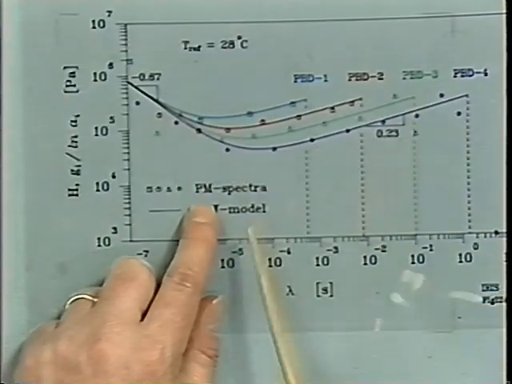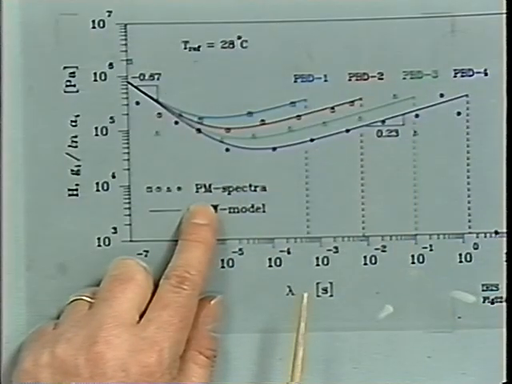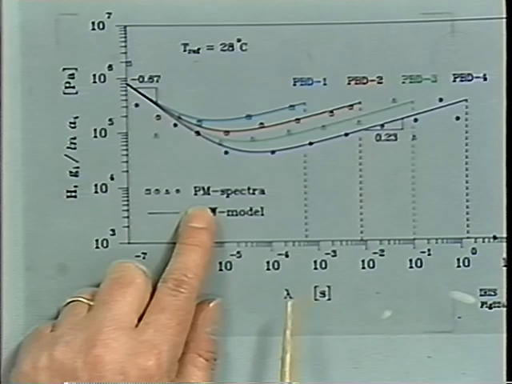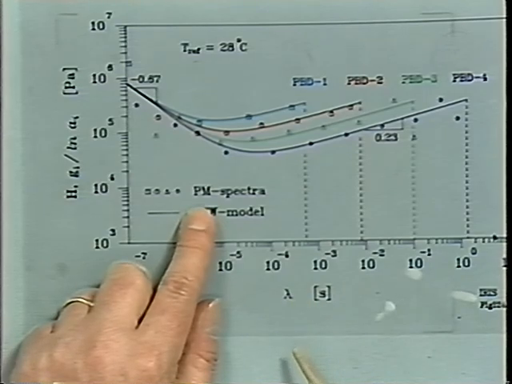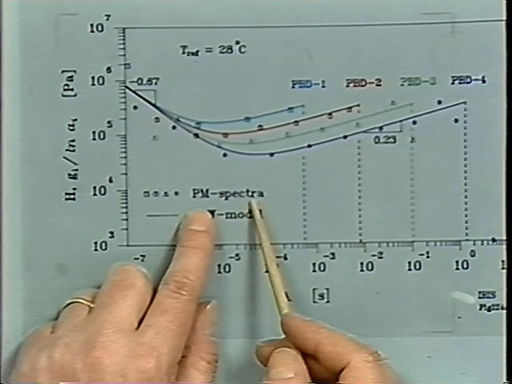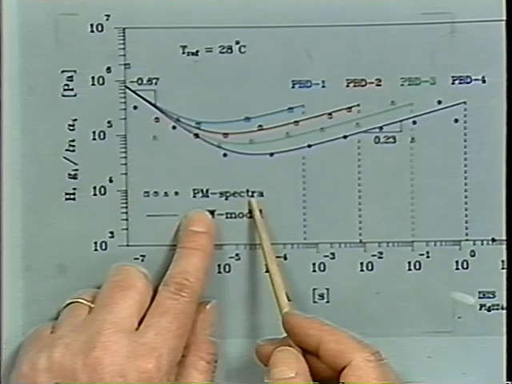Yes, question? Oh, the question is what PM spectra means. That means parsimonious model. This is the approach where we take just a few Maxwell modes, as few as possible, to describe G prime, G double prime. And we used the parsimonious model in the beginning to analyze our data and to find a systematic pattern in the system.